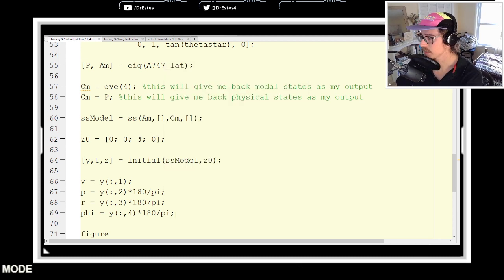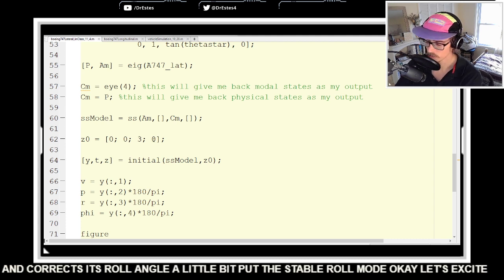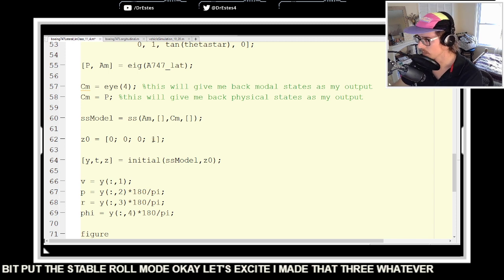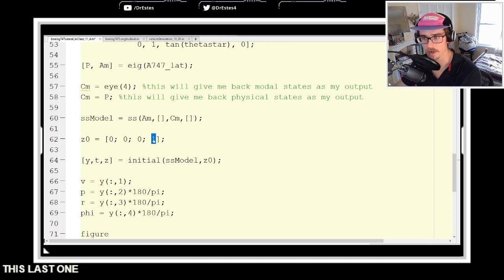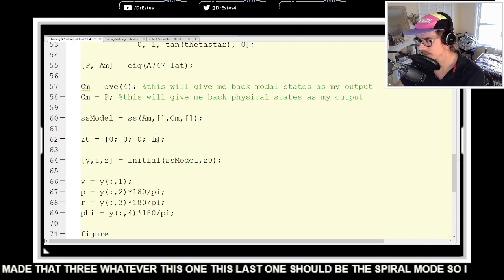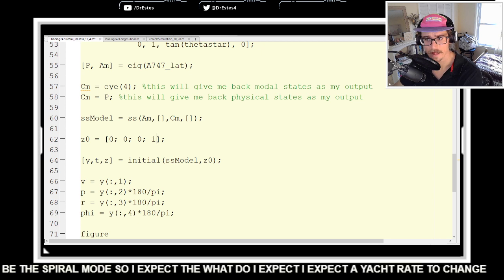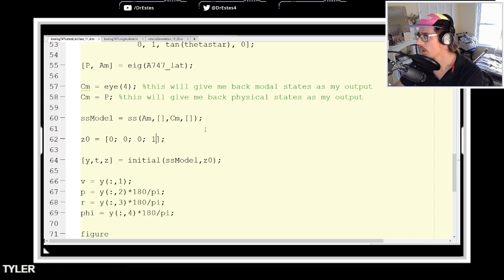Okay, let's excite the last one. This last one should be the spiral mode. So what do I expect? I expect the yaw rate to change. All right, let's just run it.